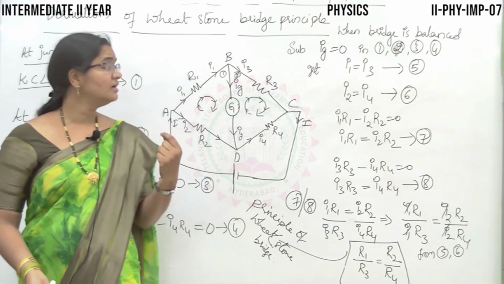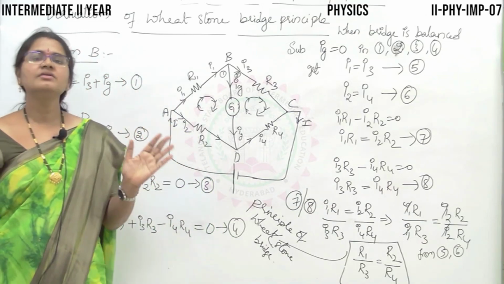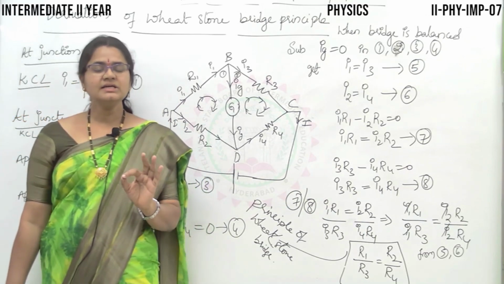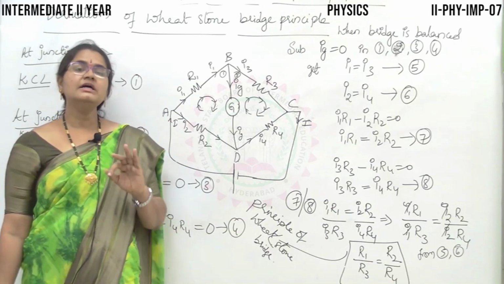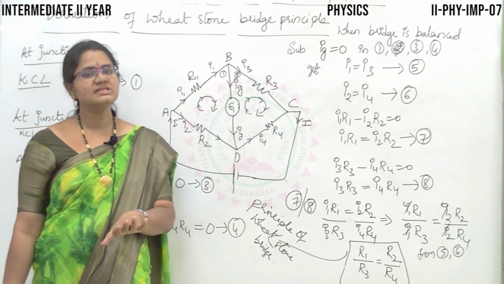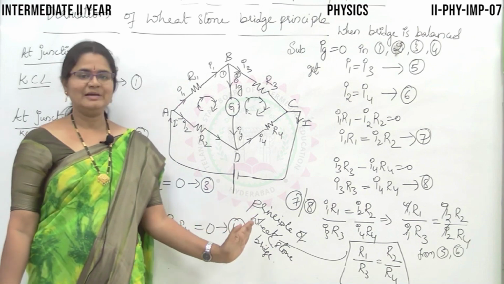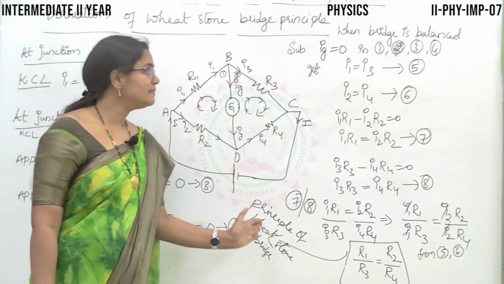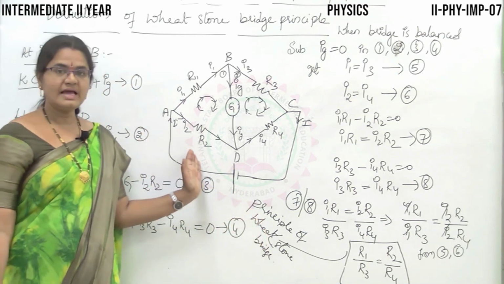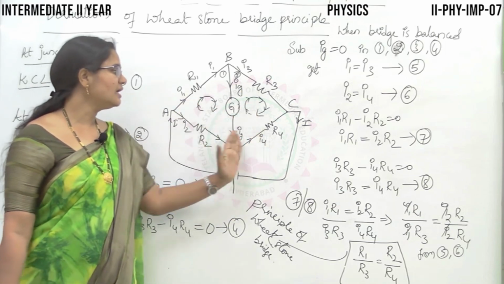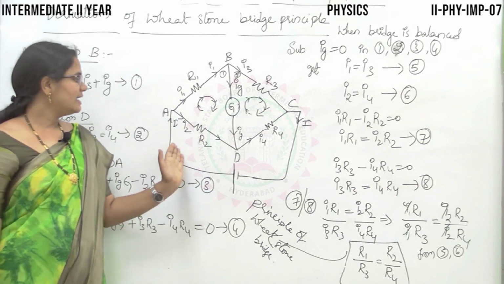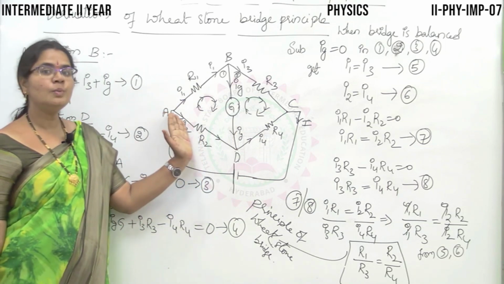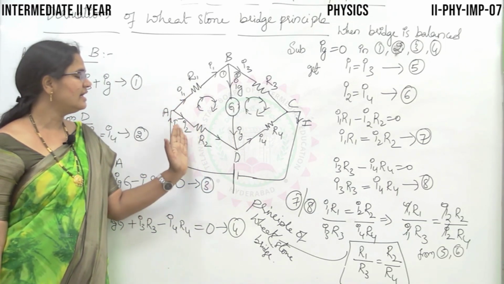Just have a look. So, what is Wheatstone bridge? Wheatstone bridge is an arrangement where you have to find an unknown resistance when known resistances are given, using the principle. In this arrangement, you have 4 arms in a closed loop with 4 different resistances, and the current entering the closed loop is divided as I1 and I2.